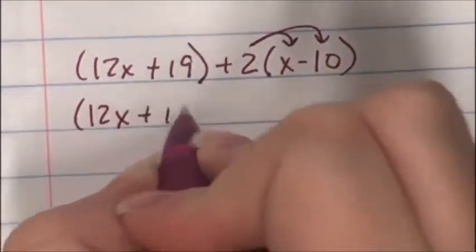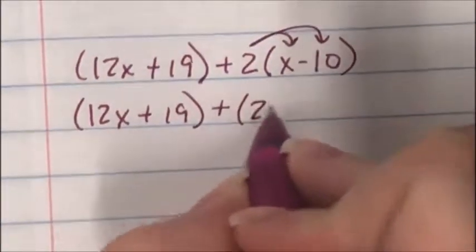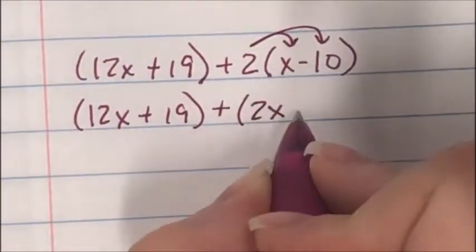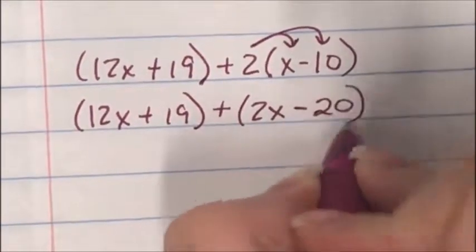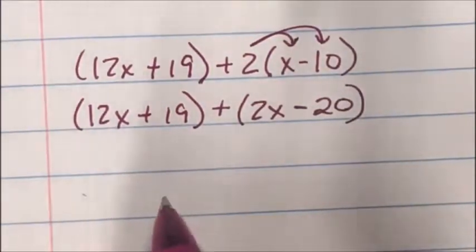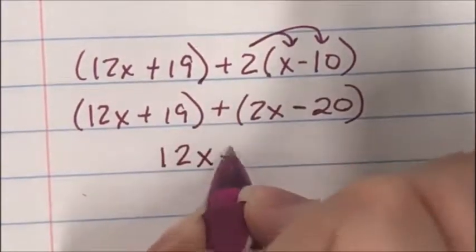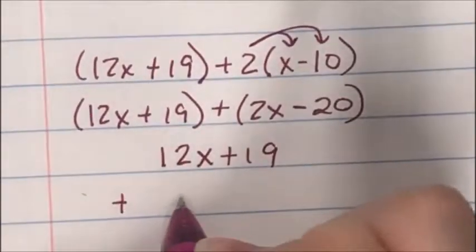My first expression stays the same. 2 times x gives me 2x, and 2 times negative 10 gives me a negative 20. Now, again, you can draw a model if you would like to, or you can set them up like a regular addition problem.